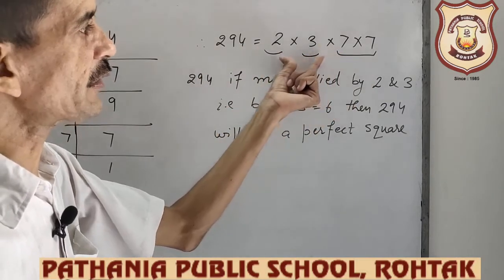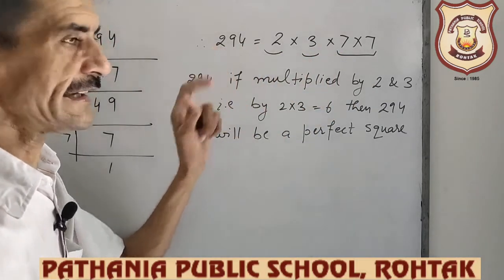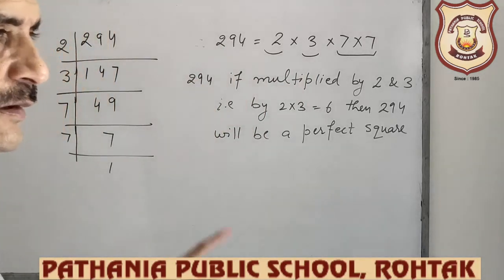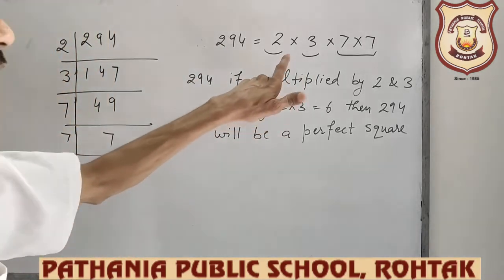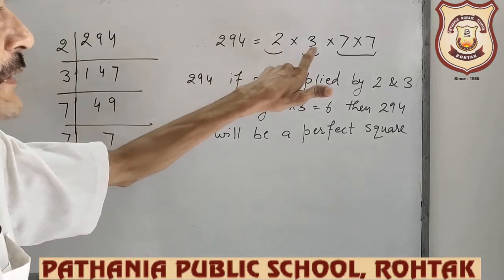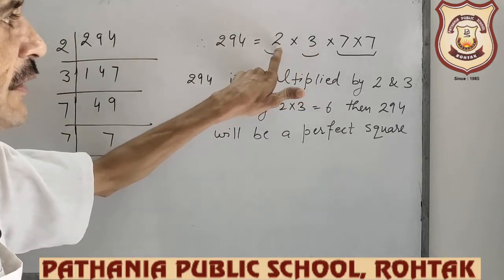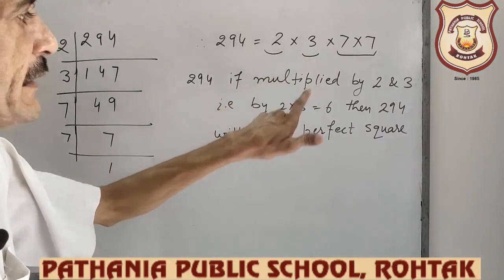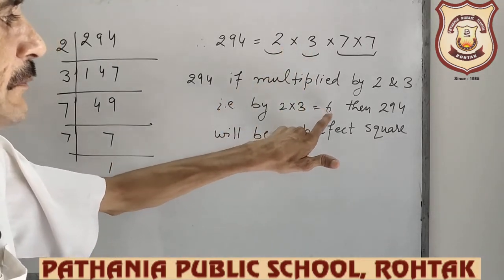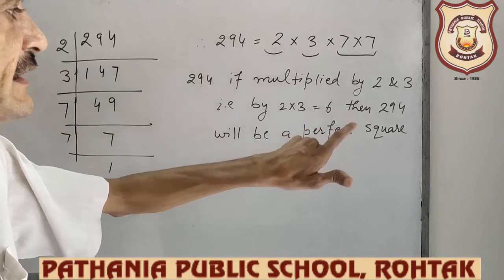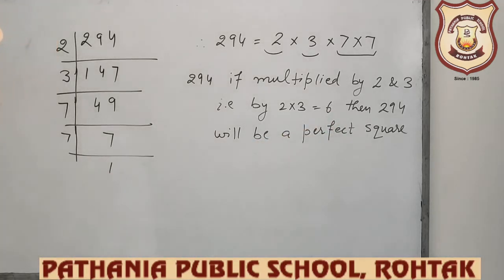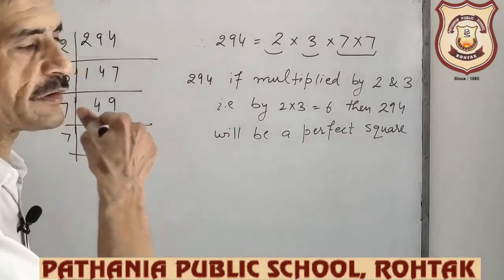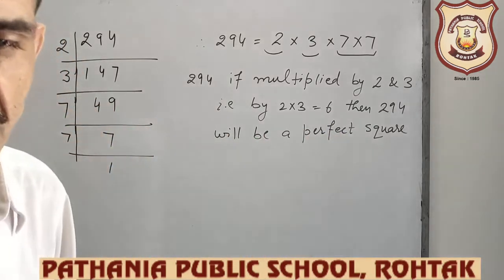If pairs of all the numbers are there, then it will be a perfect square. But because 2 is not in pair and 3 is not in pair, one 2 is required, one 3 is required. That is, if we multiply it by 2 into 3, by 6, so 6 is the smallest number. Then 294 will be a perfect square.